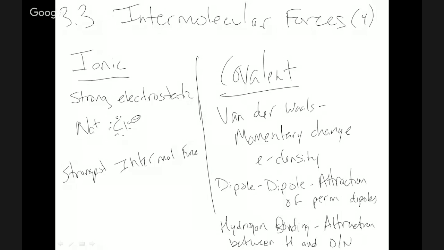You should write these down and work through them more clearly. I'm not going to ask you for these definitions. I want you to understand the implications. So the strength is increasing down here, and this is the strongest. If I asked you to put them in order, and I could include the ionic: the ionic's the strongest, then hydrogen bonding, then dipole-dipole, then van der Waals.